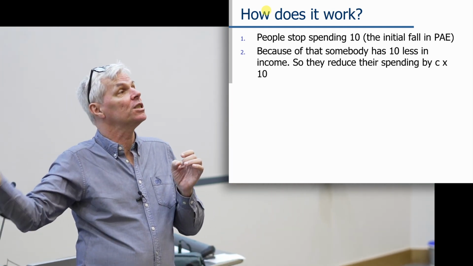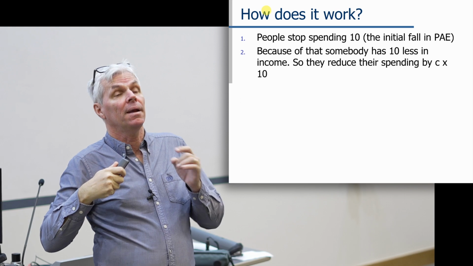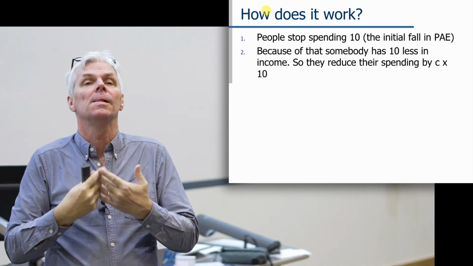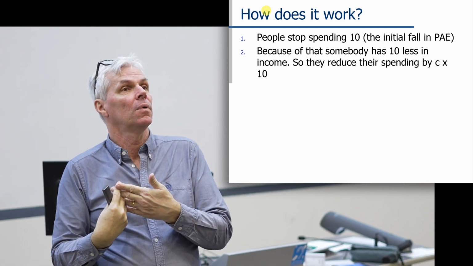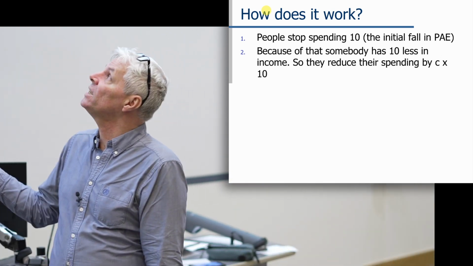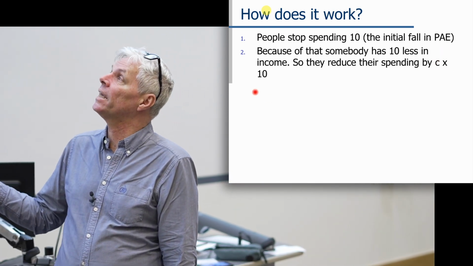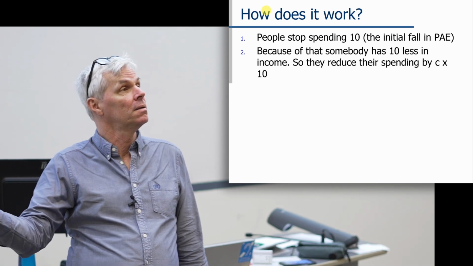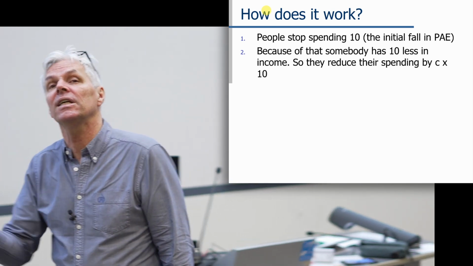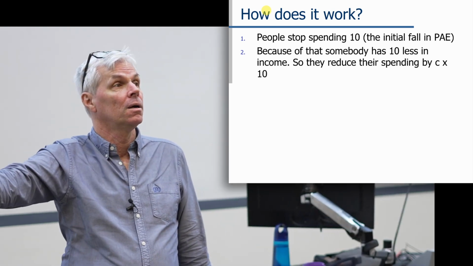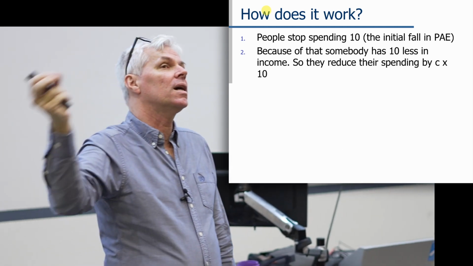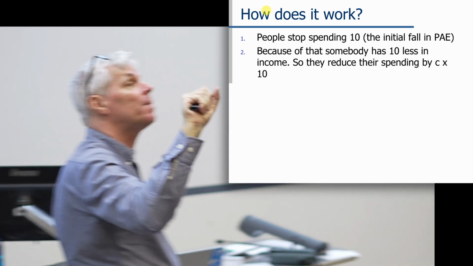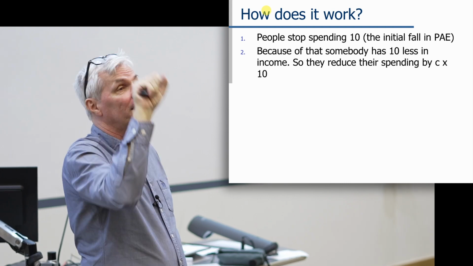And he's going to change his behavior, right? And before, his behavior was 80% of his income. Right, so before, he reduced his spending by 0.8 times 10. So that's 8. But now his marginal propensity to consume is 0.9. Right? And so now, when his income goes down by 10, he reduces his spending by 0.9 times 10, by 9.